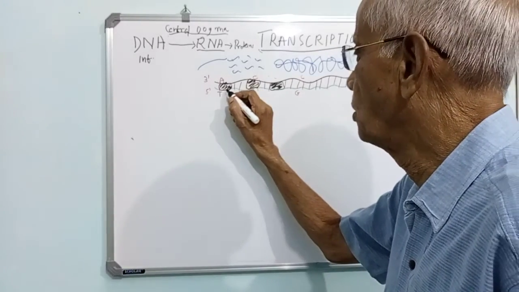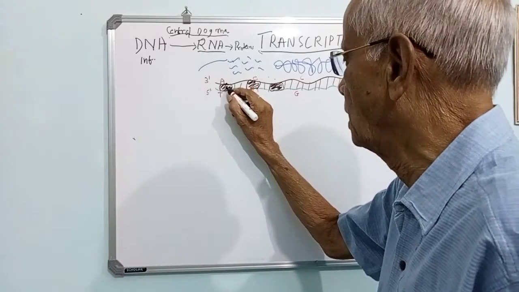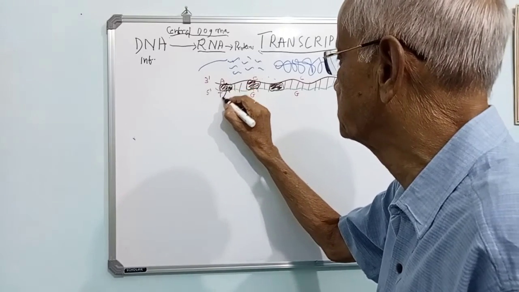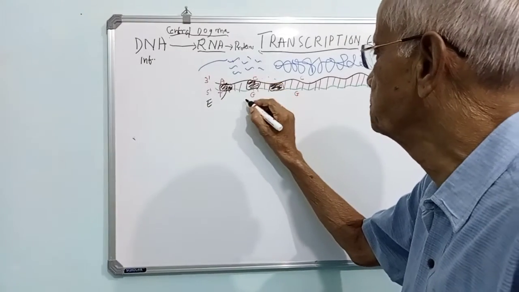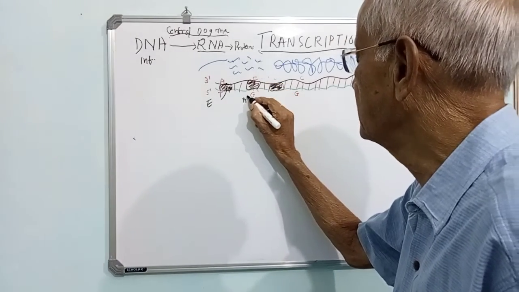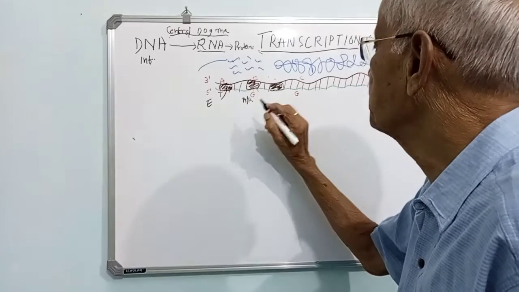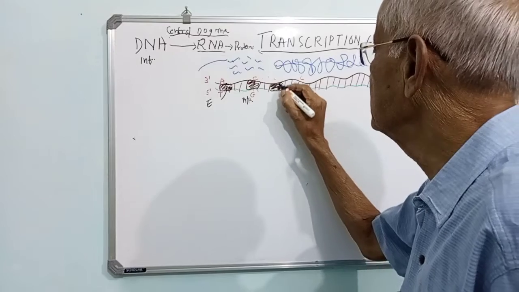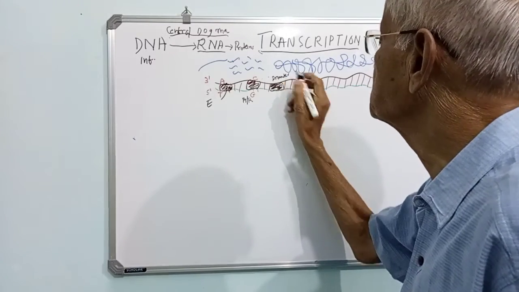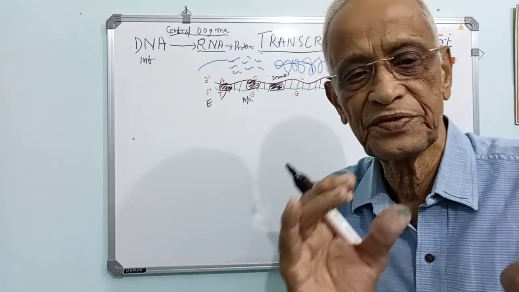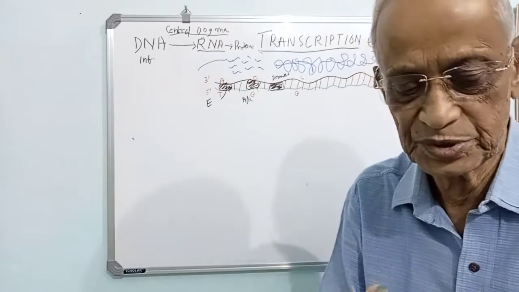We can call one of these an enhancer. I will tell you what they are. This may contain an accelerator and also a retarder, and it will contain the promoter. All these things are sequences of bases. They will do different functions.